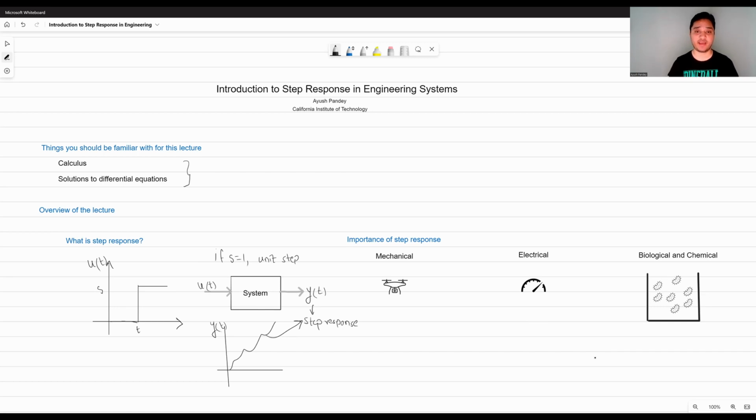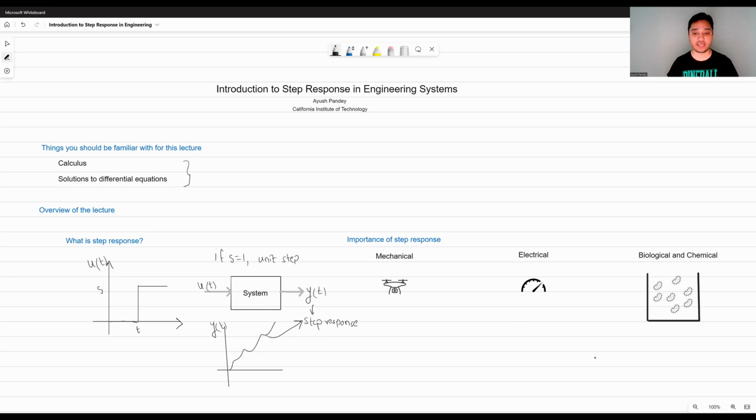Similarly, you can imagine a fan, you switching on or off a fan are all step inputs. Similarly, a biological or chemical reactor. Whenever you introduce change into a system, that is a step input. And so it's very important to study how we can model the behavior of the system to this very common type of input.